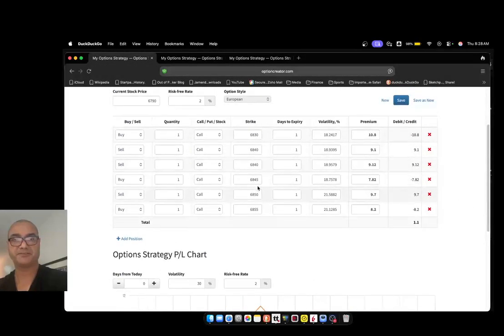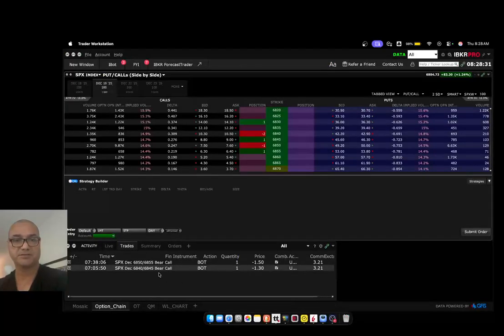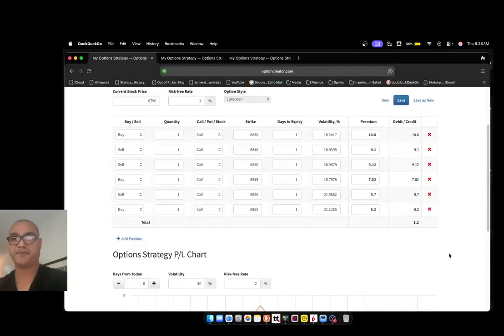Okay, this brings us to the butterfly 4045. So I ended up selling one call vertical, and the strikes I used were 50 and 55, and that was done for $1.50. Let me verify that. Yes, 50.55 was done for $1.50, and that leaves me with a $1.10 credit on the position.